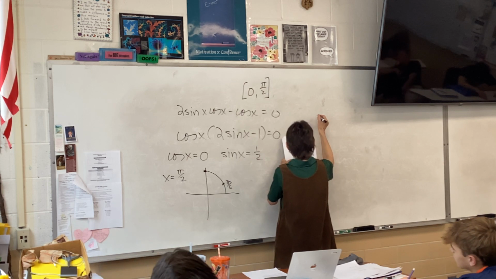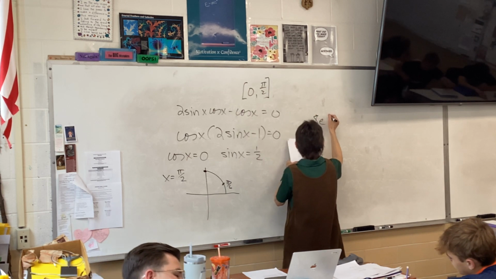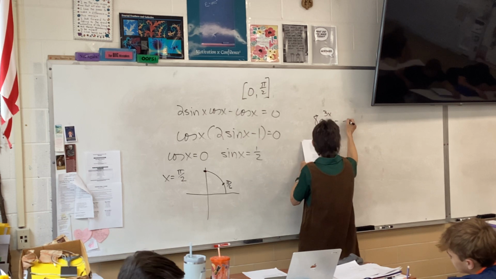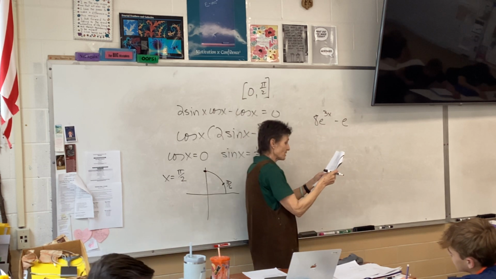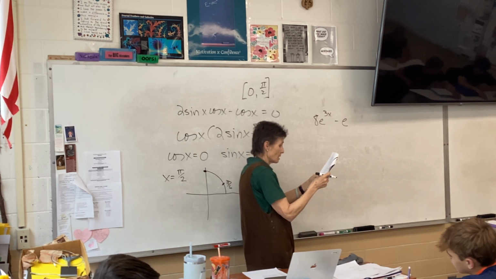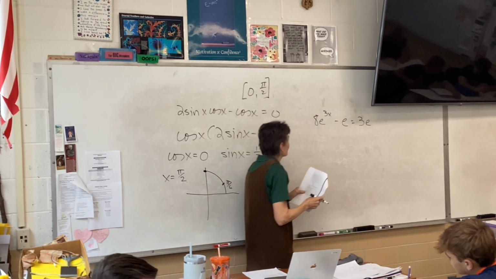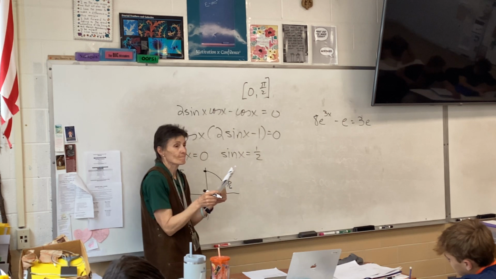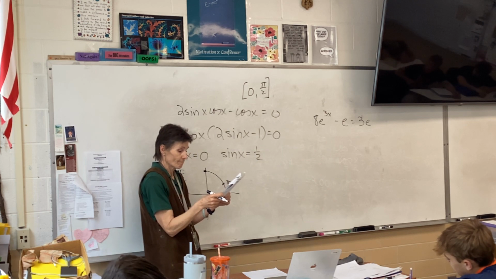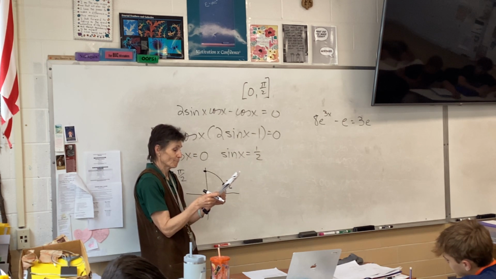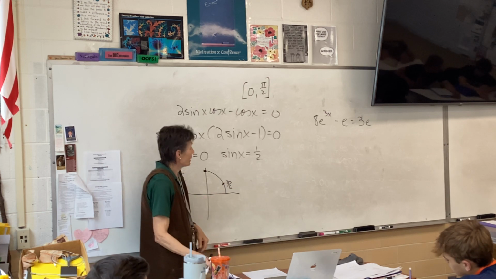All right, now we want k, which is 8e to the 3x minus e. We want that to equal 3e. All right, what do you think about that?